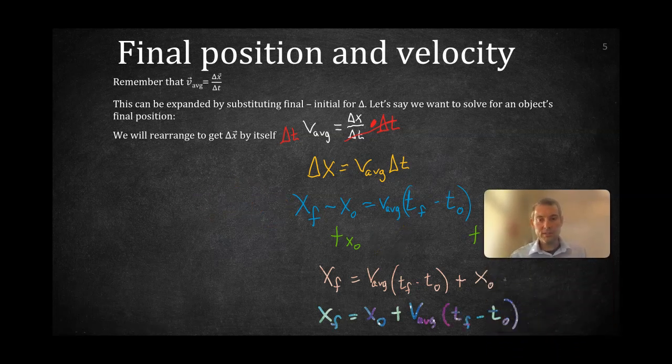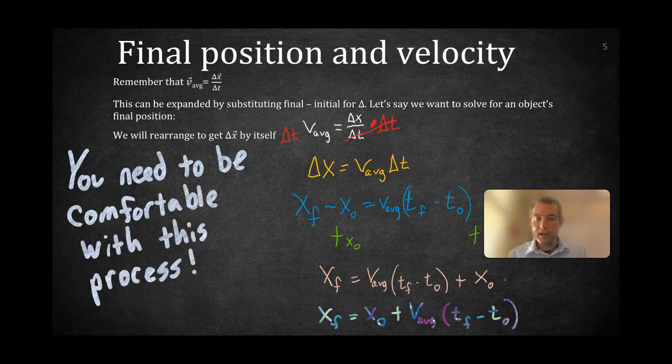And I know this bottom line equation can look intimidating, but remember that our initial position a lot of times is 0, so that's going to just be 0. Our initial time usually is just 0, so you can also just have a 0 in there to make your life a little bit easier. Either way, you need to be comfortable with this process.